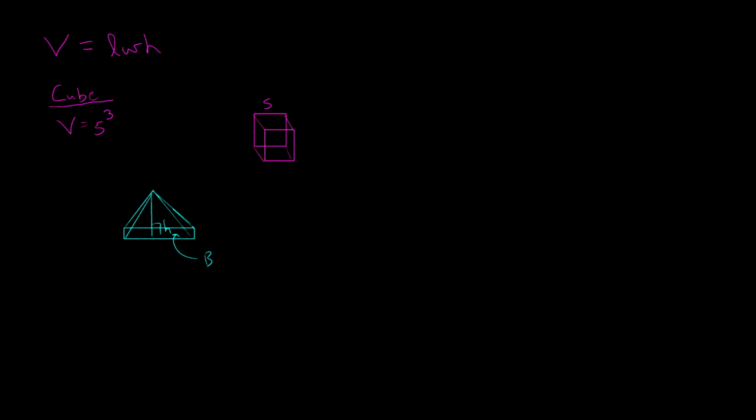And so the volume of a pyramid is 1/3 the area of the base times the height. In this case, there's a length and a width, so we would get 1/3 length times width times height if it was a rectangle. But we encapsulate the area of the base like this.